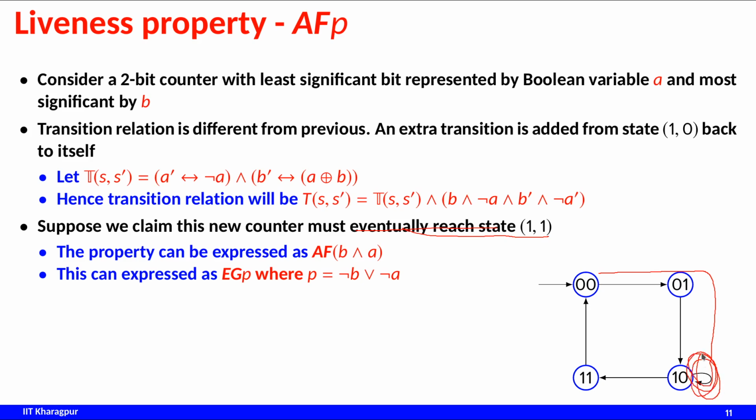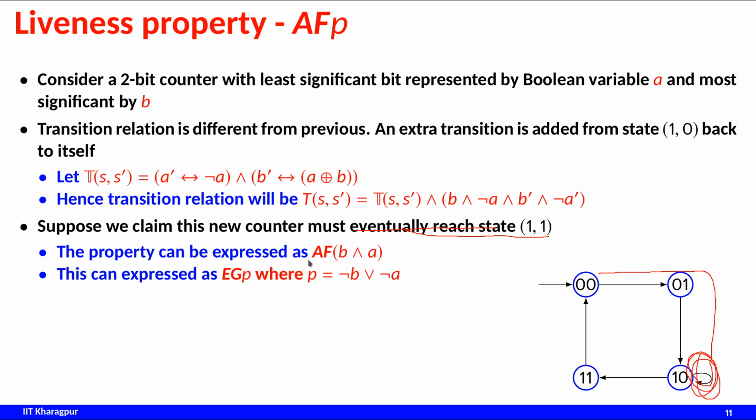So it's actually not satisfiable. And how we can answer that, we have to see. We would like to check whether eventually we can make a transition to 1, 1.